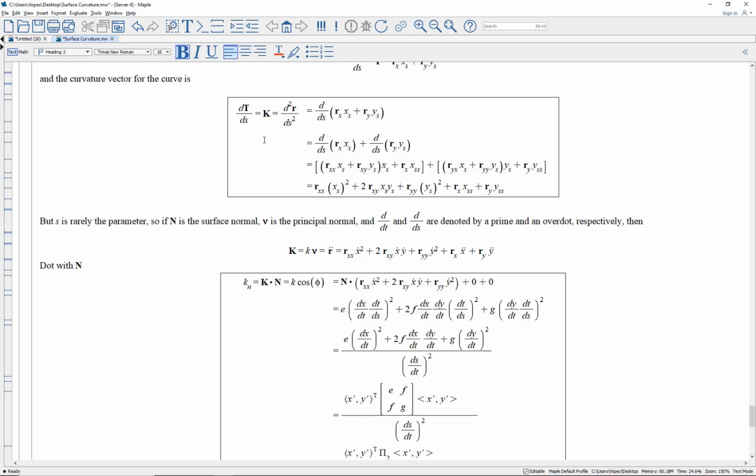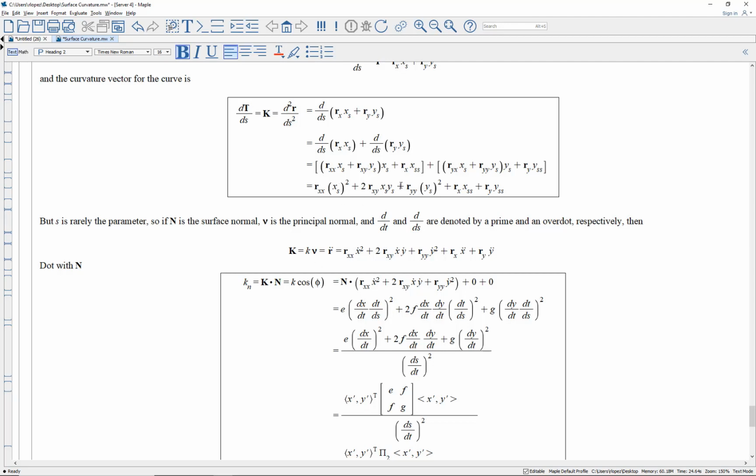So now this formula, k, which is the Frenet curvature times the principal normal, is r double dot.